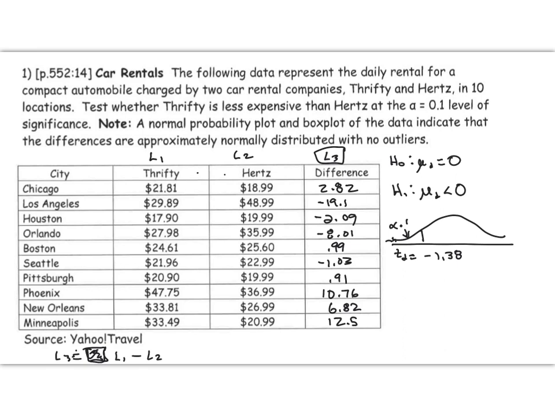Now that I have my test set up, I can go ahead and run my data and see what my test statistic is and my p-value, so I can make a decision. I go over to Stat, Tests. I choose number 2 because I'm going to do just a t-test.